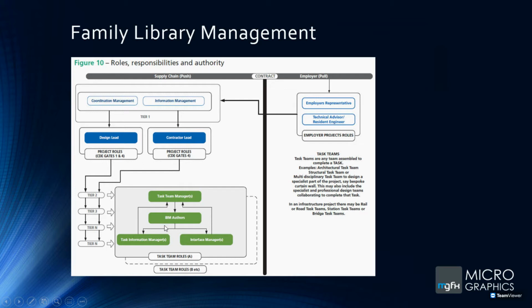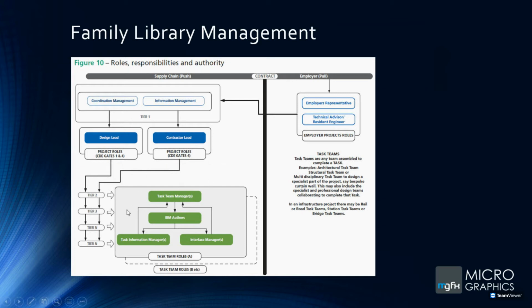They might never model anything within Revit or a CAD or any sort of drafting package. But the task information managers will make sure that, for instance, maintenance schedules are updated, warranties, you installed the component. All of that information is fed into a modern built asset or an asset information model.